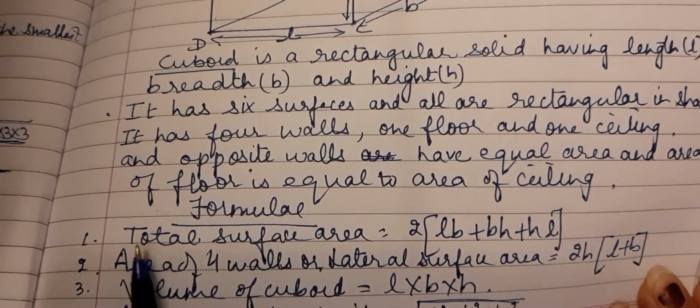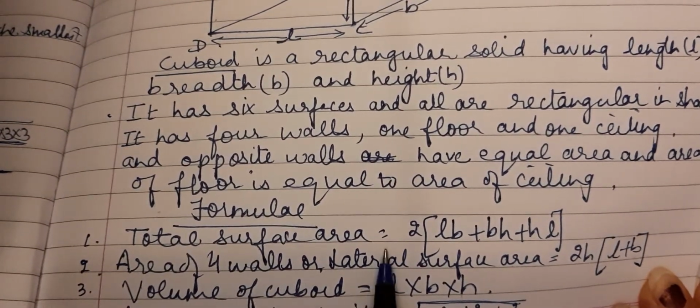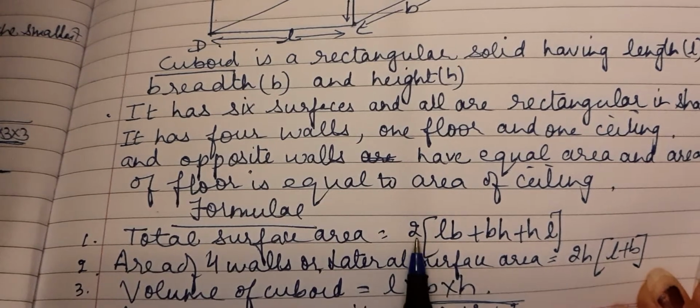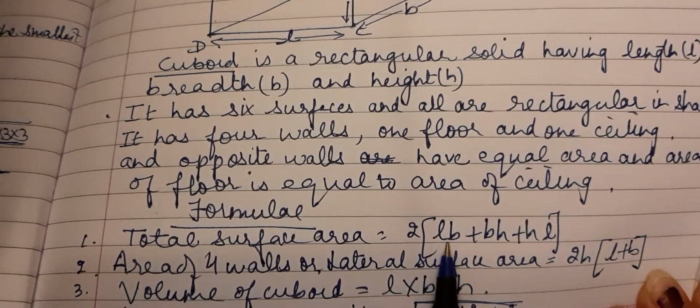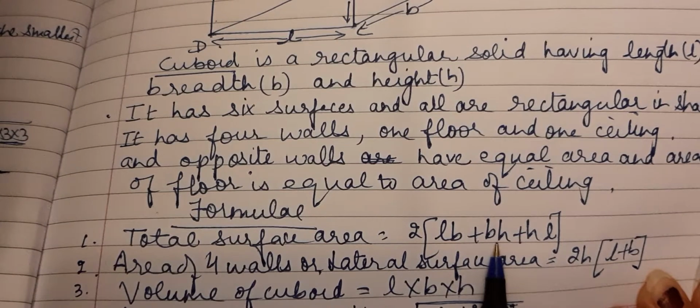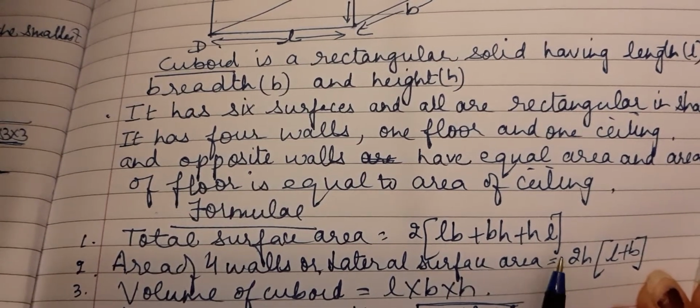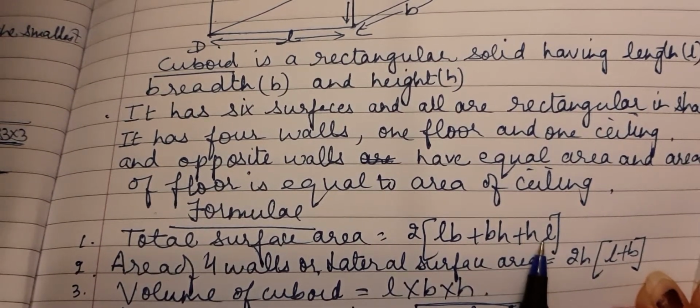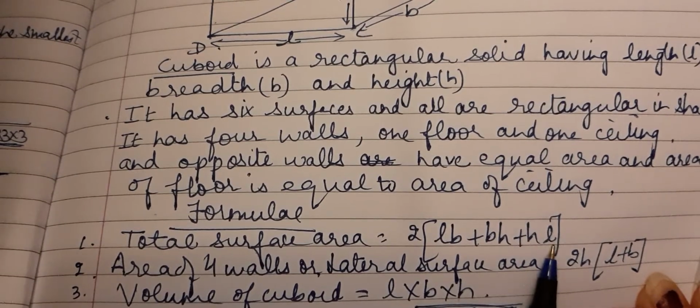The first formula which I have also written is total surface area, and the formula is twice LB, that is length into breadth, plus BH, breadth into height, plus HL, height into length.